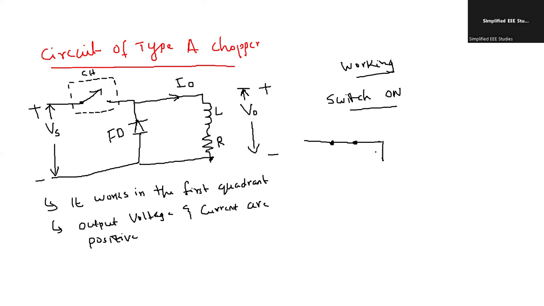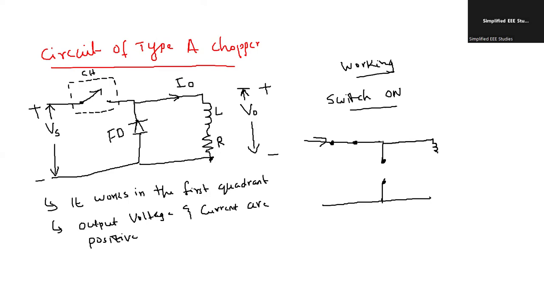Now we'll see the current start flowing in this fashion. Now you just tell me, what about the direction of the current? So here, will the diode conduct or not? The diode becomes reverse biased, right? So you can keep it as an open circuit.